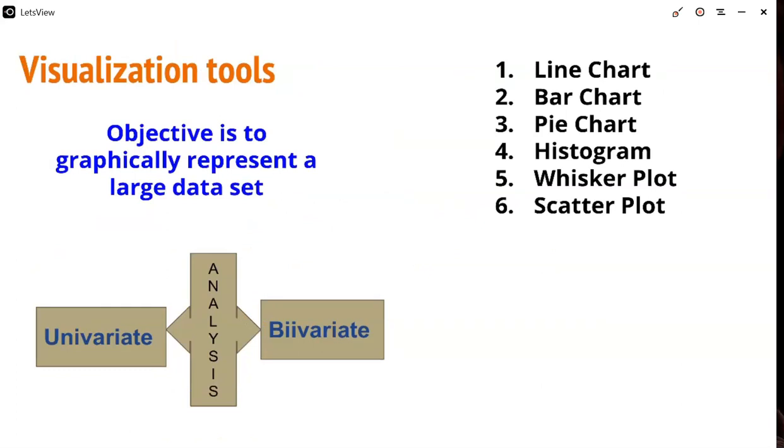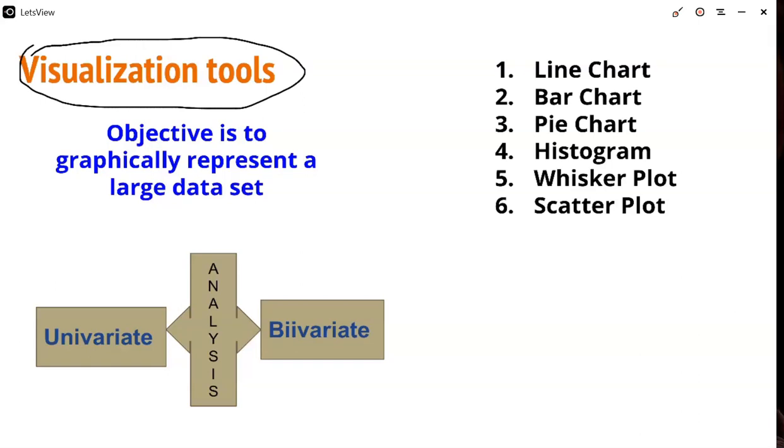Further in this lecture, we are continuing with the different ways to develop an initial insight about the data set. And the best way to gain initial insight about the data set is using visualization tools.